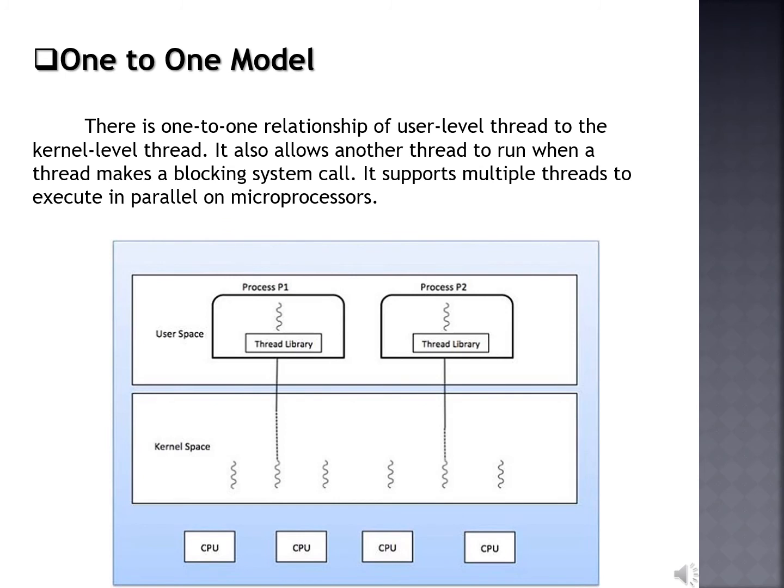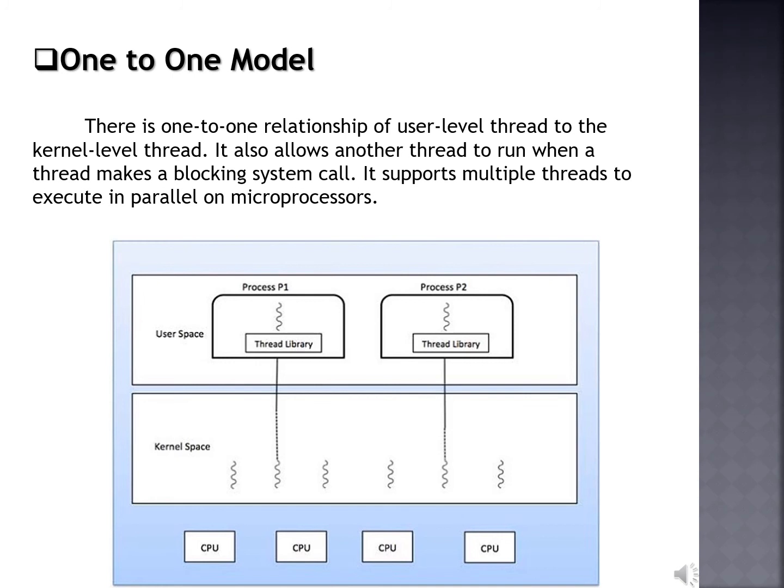The next one is the one-to-one model. There is a one-to-one relationship of user level thread to the kernel level thread. This model provides more concurrency than the many-to-one model. It also allows another thread to run when a thread makes a blocking system call. It supports multiple threads to execute in parallel on multiprocessors.